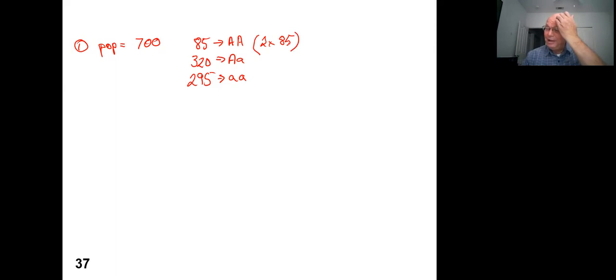But then we also have to take into account that the 320 heterozygous individuals have a big A, and half of their alleles are big A. Sorry, not half of 320, it's going to be 320. We multiply 85 by 2 because each individual who is homozygous dominant has 2 alleles.